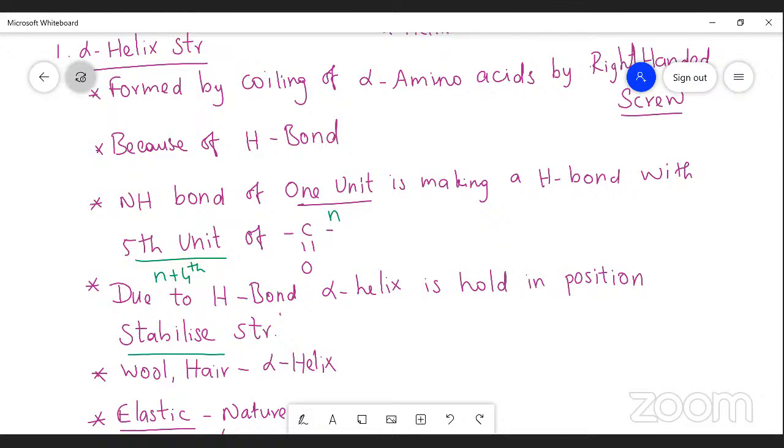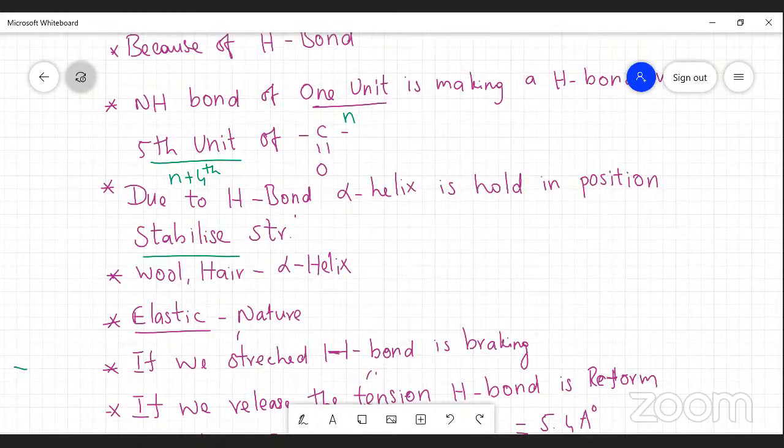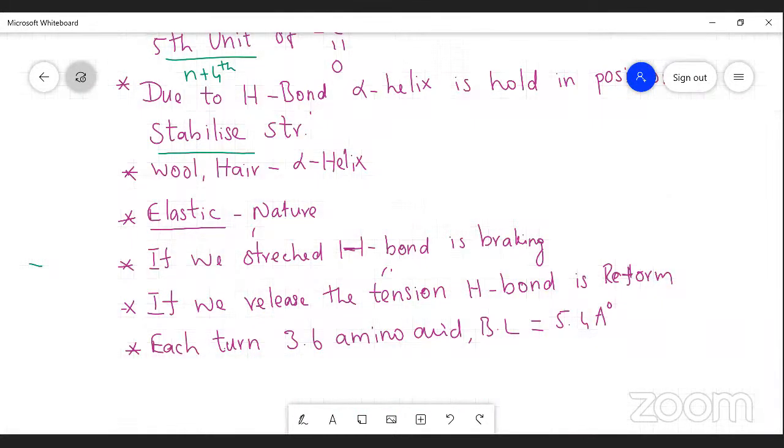Wool and hair are alpha helical structures, and they are of elastic nature. If we stretch, the hydrogen bond breaks. Then if we release the tension, the hydrogen bond is reformed. Each turn consists of 3.6 alpha amino acids and the pitch length is 5.4 angstrom.